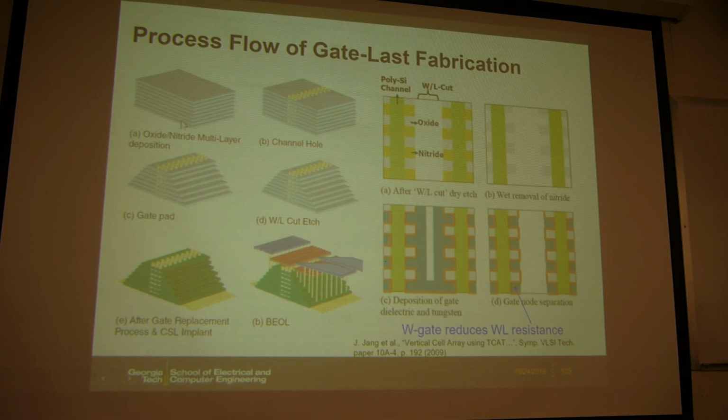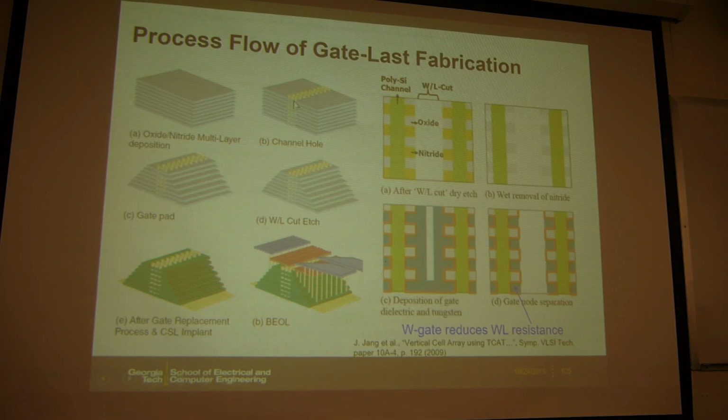So the idea is that for multiple layers, you need to first deposit multiple layers in this sandwich structure. So the sandwich between the oxide and nitride, multiple layers.